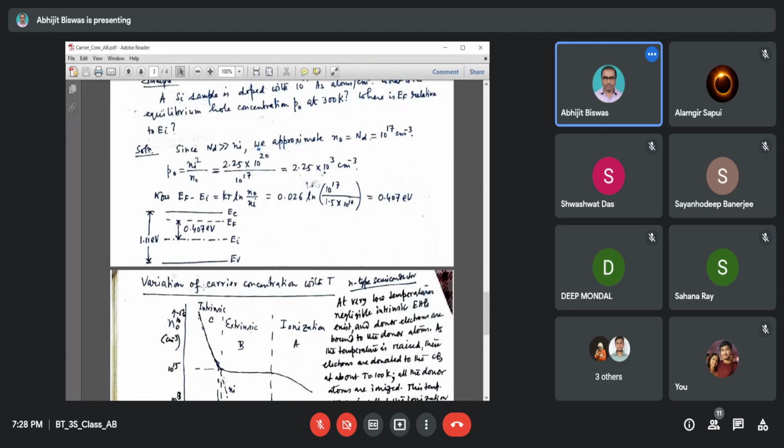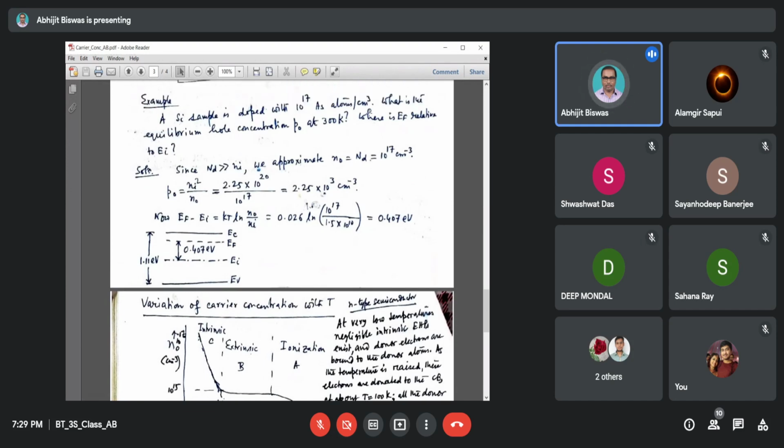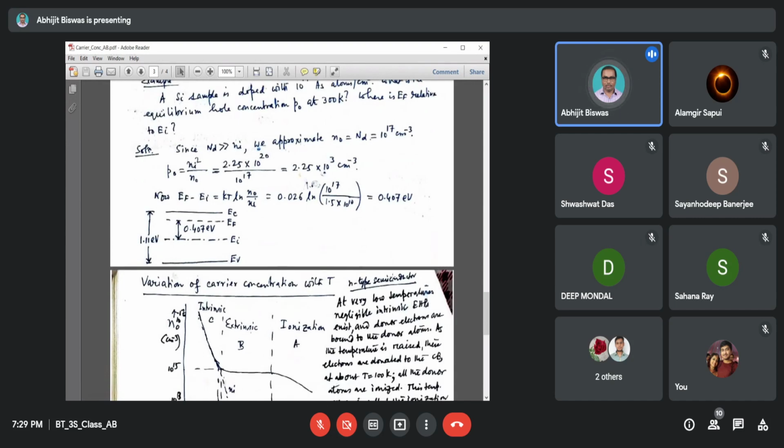Usually in the middle position, this dash and dotted line indicates the position of EI, and EF is displaced from EI by an amount of 0.407 electron volt. So it is the complete band diagram of an N-type semiconductor which is doped with 10 to the power 17 donor impurities. So is this diagram, band diagram, and also the calculations clear?